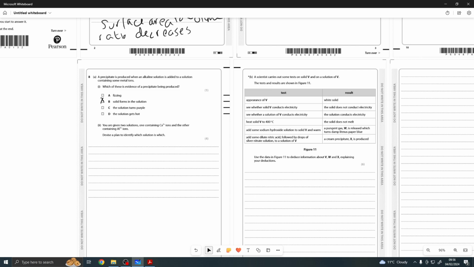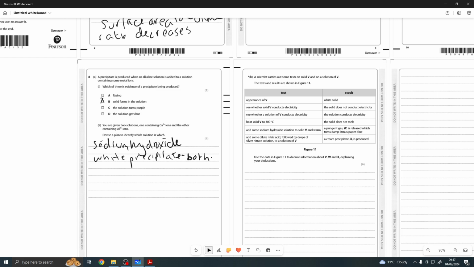Essentially, we're going to use sodium hydroxide. Now they will both give a white precipitate.